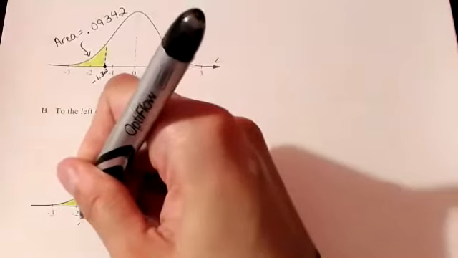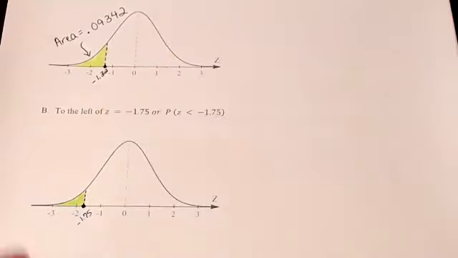Again, it may be helpful to label that as negative 1.75, just so that we know that's the value we're looking at. So we want the probability that our value falls within this range. Take a look at your z-score table, and I would like you to look up the z-score negative 1.75.